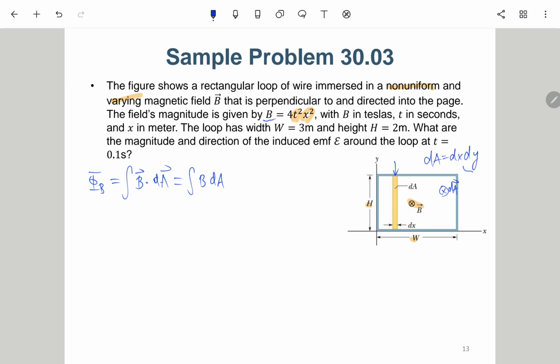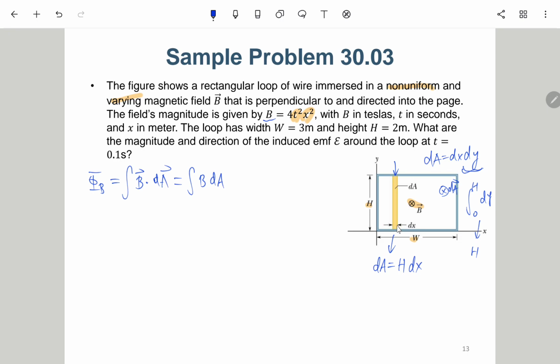But actually the y-axis is not related to the B field, so finally it comes out to be the integration of dy from 0 to h, which turns out to be h. So we can simply write dA to be h times dx.